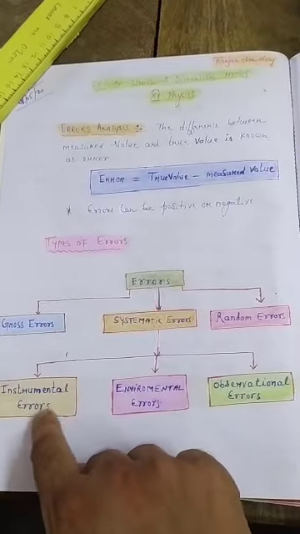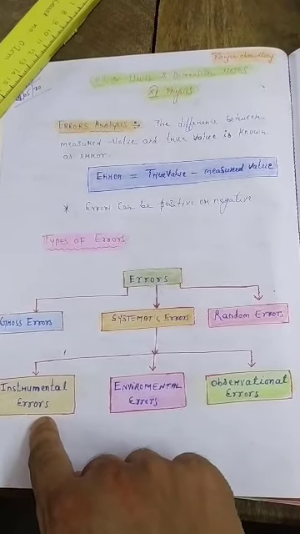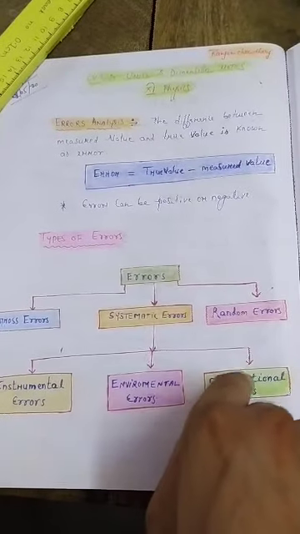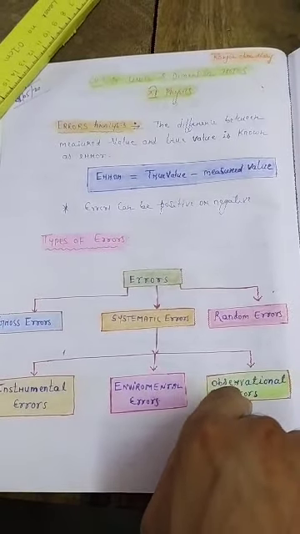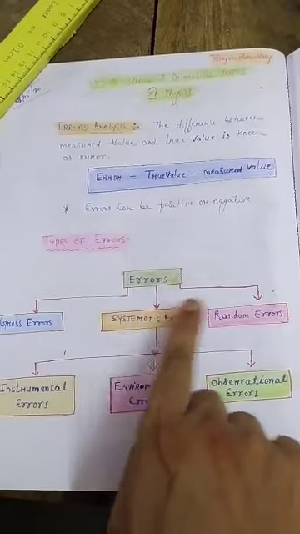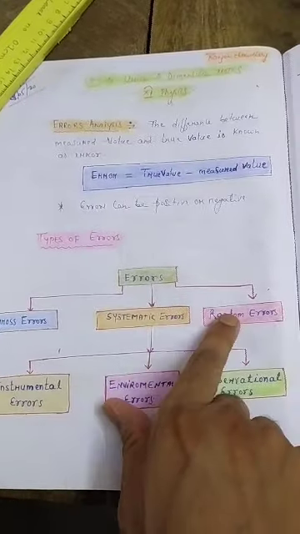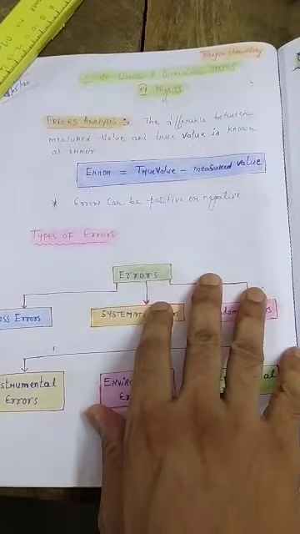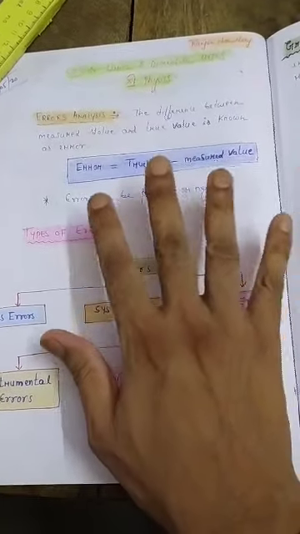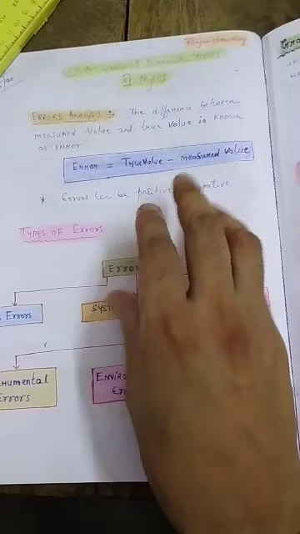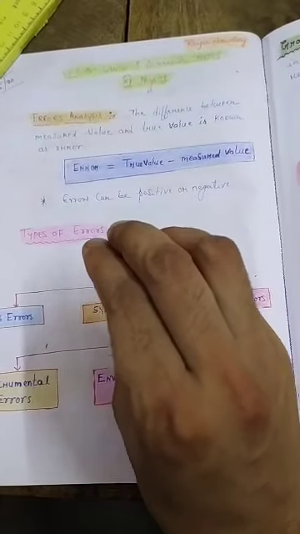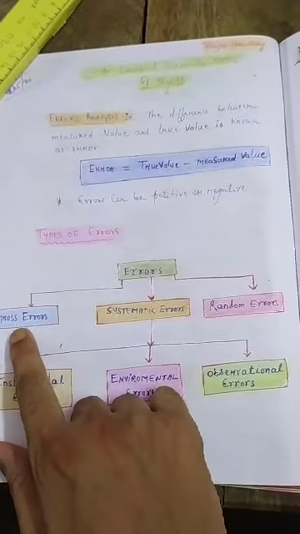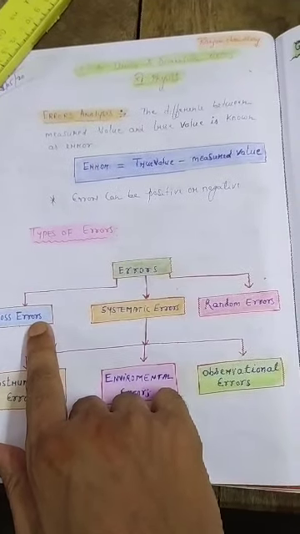First is instrumental errors, second is environmental errors, and third is observational errors. We will discuss one by one each and every error along with the example and how to remove it. So till now we have seen what is error, that is the difference between the true value and the measured value. Now first we will discuss the gross error.